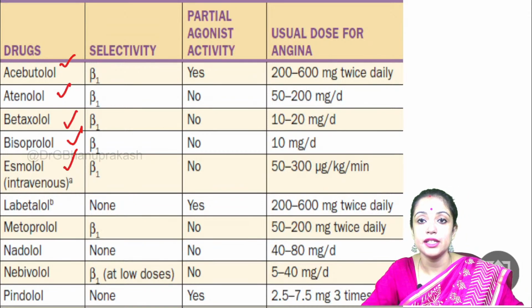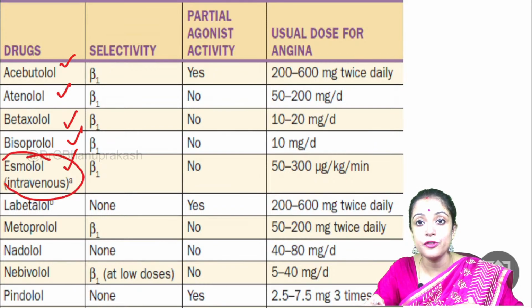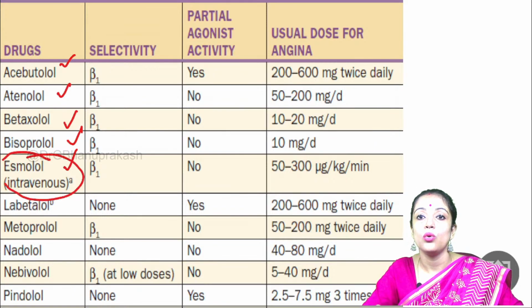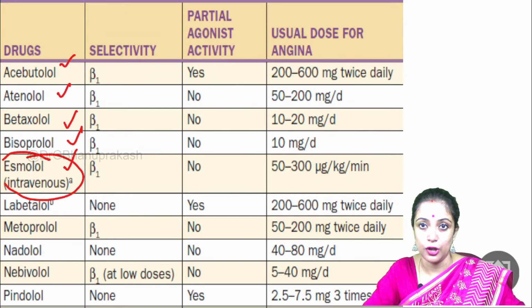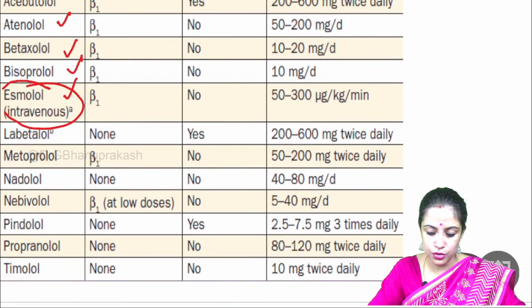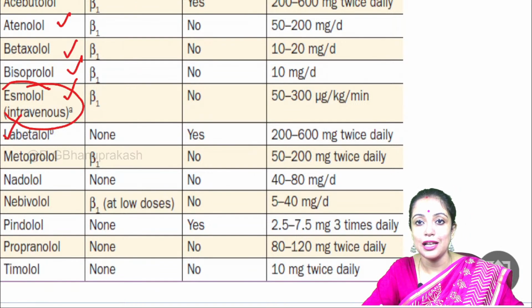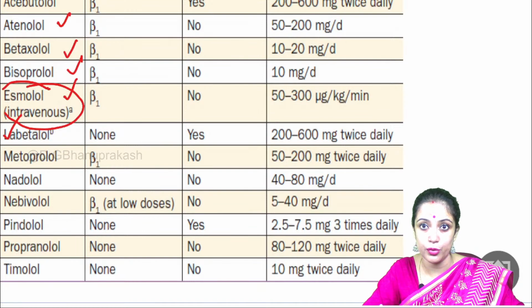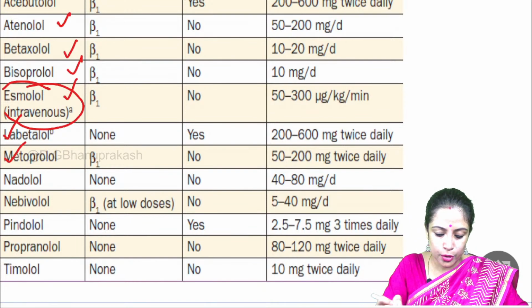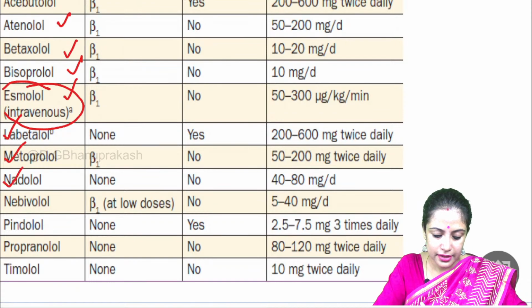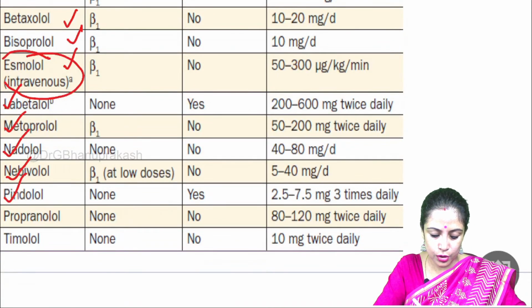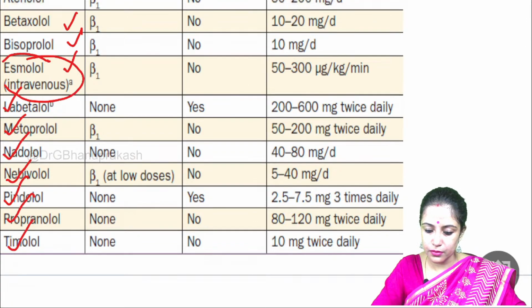Just to mention that, since it is an ultra short acting beta blocker, it can be used intravenously in those who have relative contraindication. So it is important to know. Labetalol is actually both an alpha and beta blocker. Usually it is used in hypertension. Then metoprolol, nadolol, nebivolol, pindolol, propranolol, timolol.